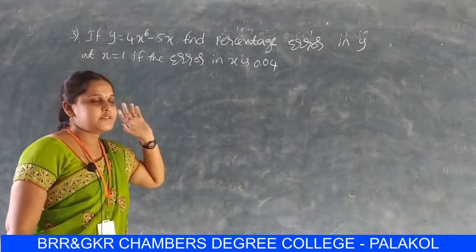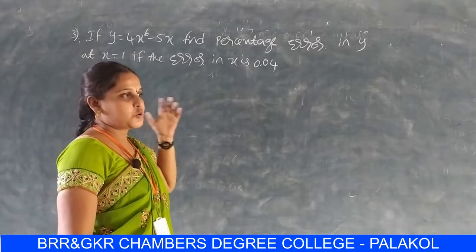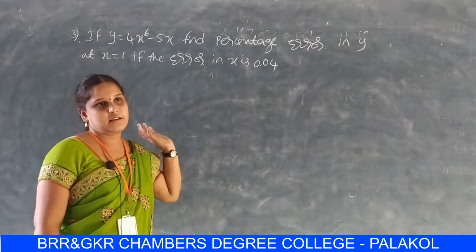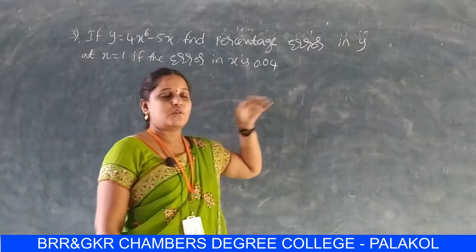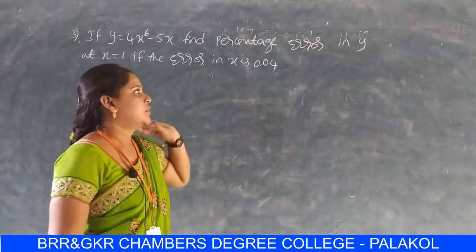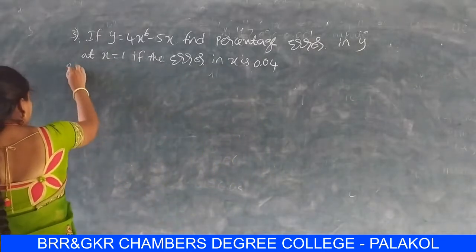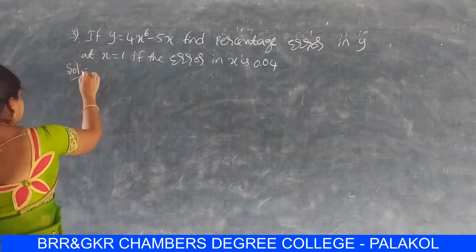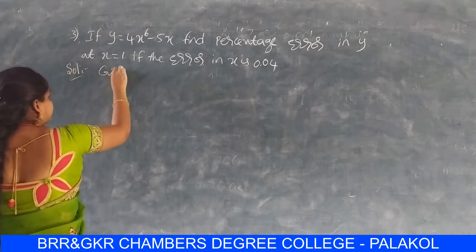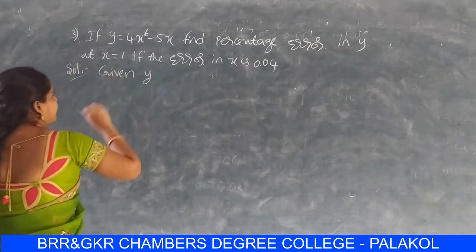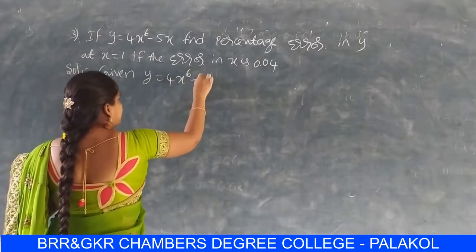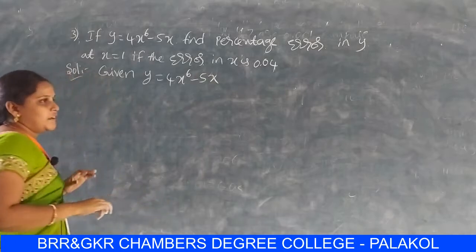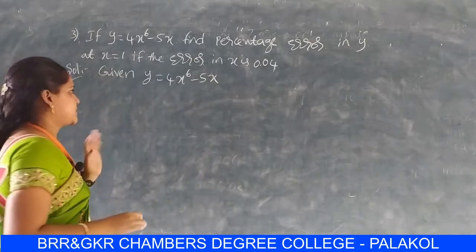First the absolute error and relative error. These two errors are based on the general error formula. Here only x values are considered, not y values or z values. So let us start with the solution. Given y is equal to 4x to the power of 6 minus 5x, differentiation with respect to x.